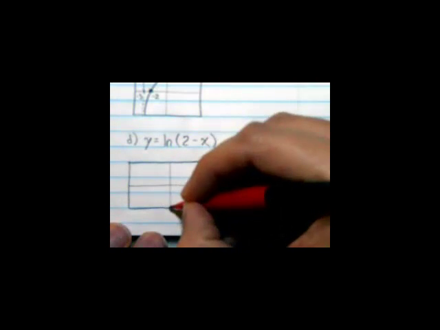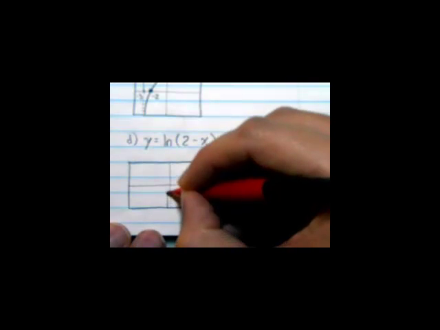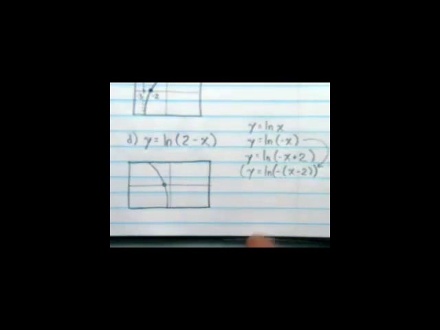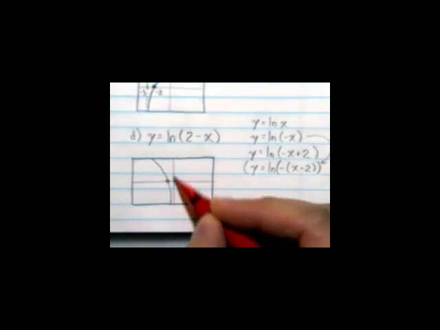Okay, so after the reflection, it's going to look like this. So I'll just do this one kind of light. And then we're going to scoot that over to the right 2. So where would the asymptote be now? Positive 2, right? Because we're going to move this thing to the right 2. And right now, the asymptote is still down the y-axis.